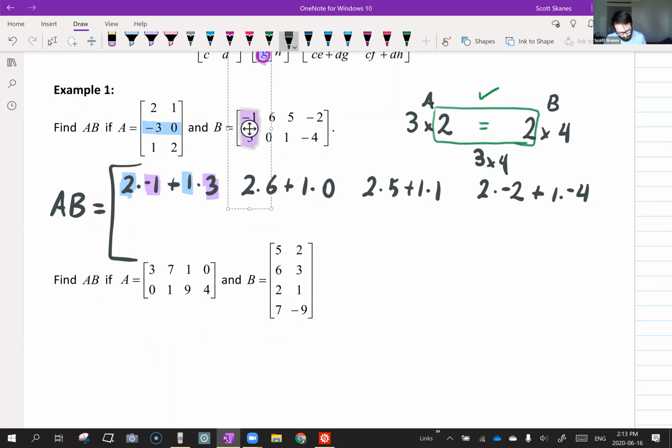So now I'm going to go second row, first column. What's my elements? Someone just tell me what this one's going to be so I can see that you're actually following. What's my answer going to be for the second row, first column in my new matrix? Anybody?